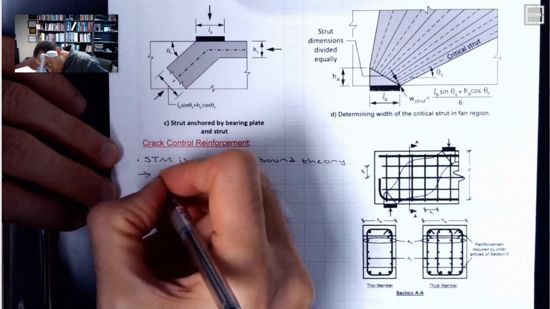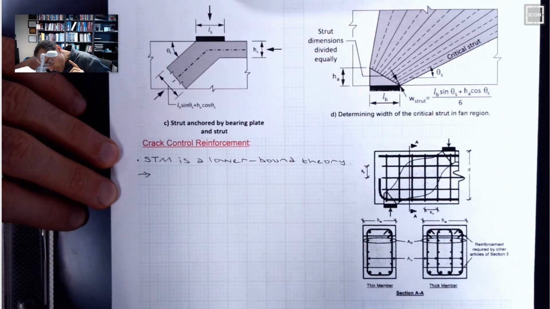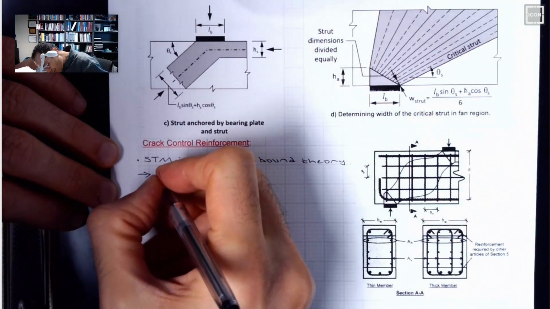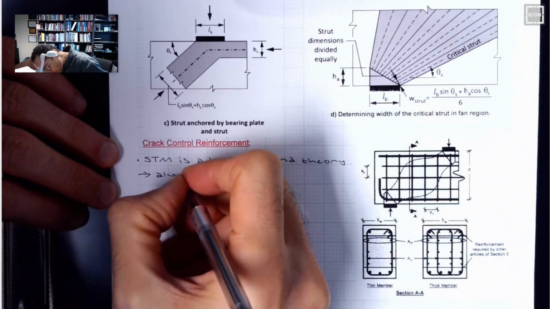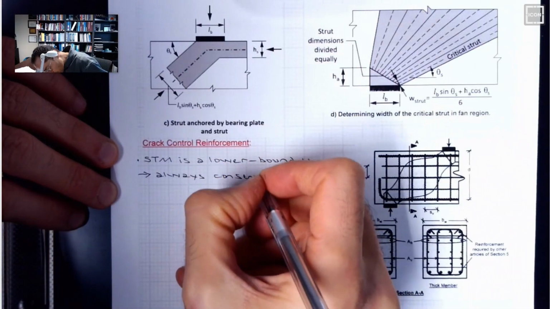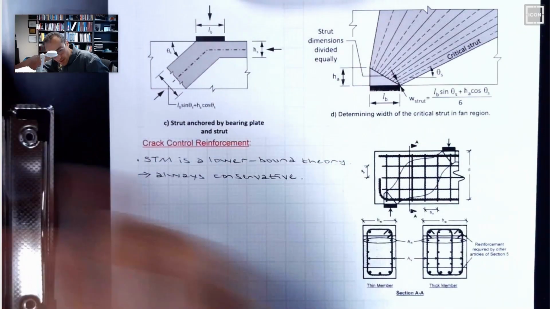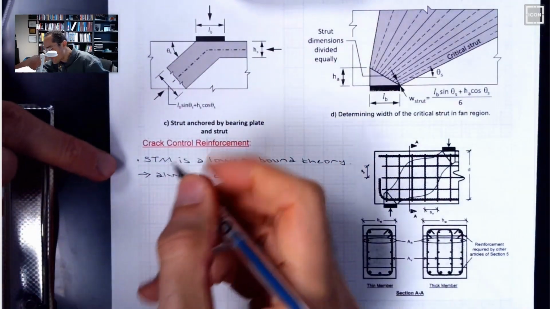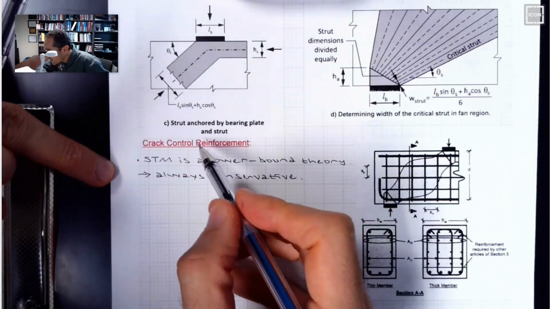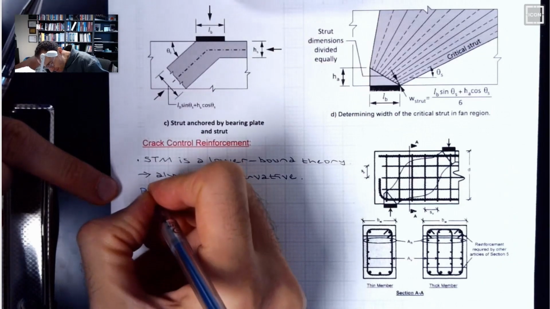It is guaranteed to be conservative in all cases. So I should say always conservative. And there is an important fine print, provided that you have crack control reinforcement, because this really holds the integrity of the member.